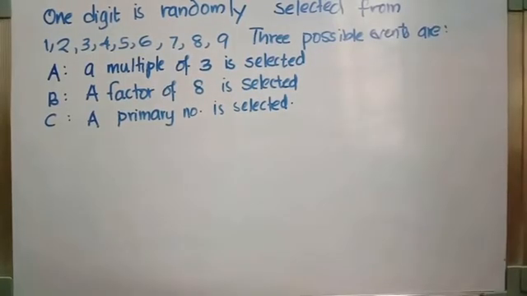One digit is randomly selected from 1, 2, 3, 4, 5, 6, 7, 8, 9. Three possible events are A, a multiple of 3 is selected, B, a factor of 8 is selected, and C, a prime number is selected.